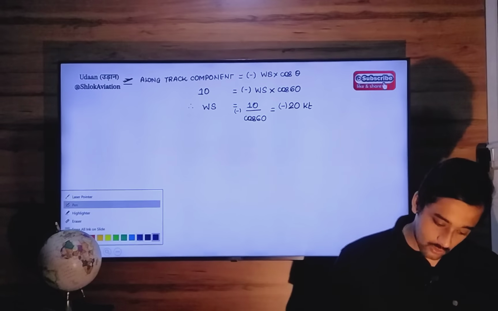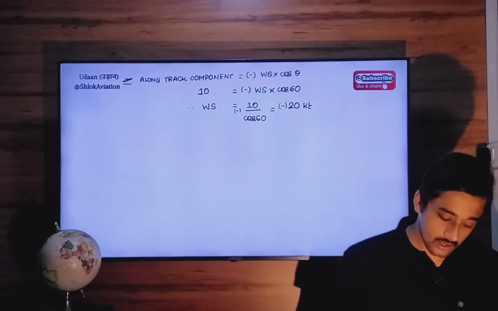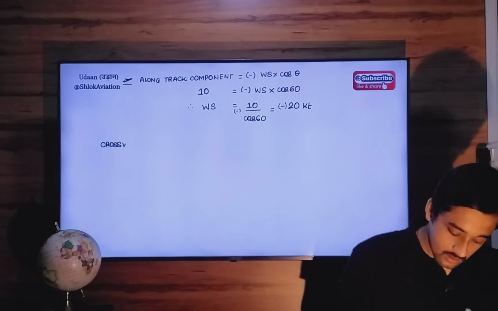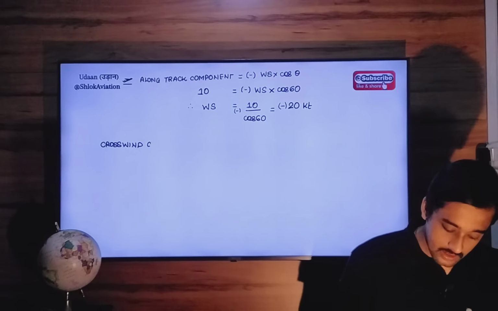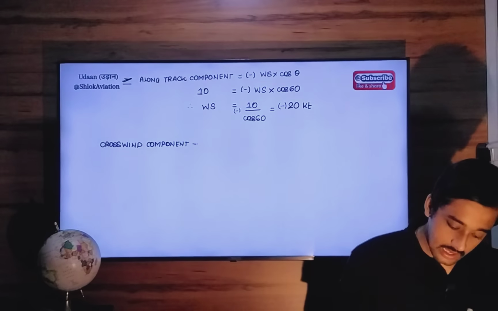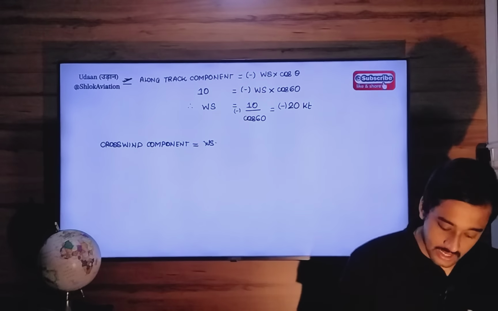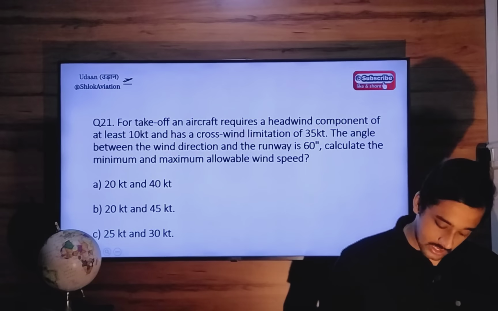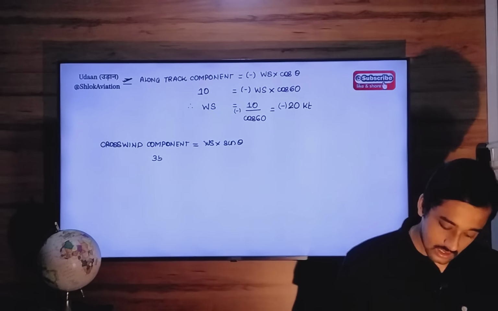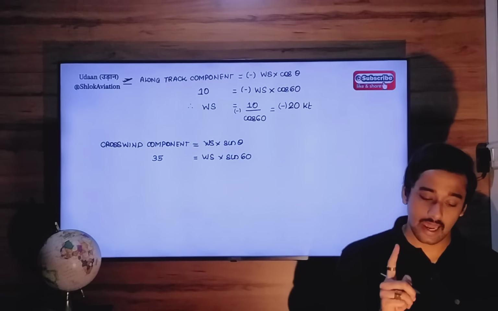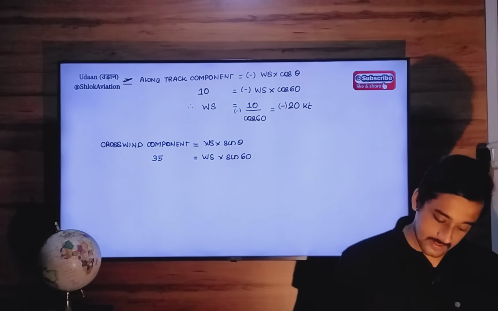Now the second part of the question, we have to find the crosswind. The crosswind component is equal to wind speed into sine of theta. The maximum crosswind component is 35 knots. Wind speed is what we have to find out, and theta is the angle between wind direction and runway, so sine 60.